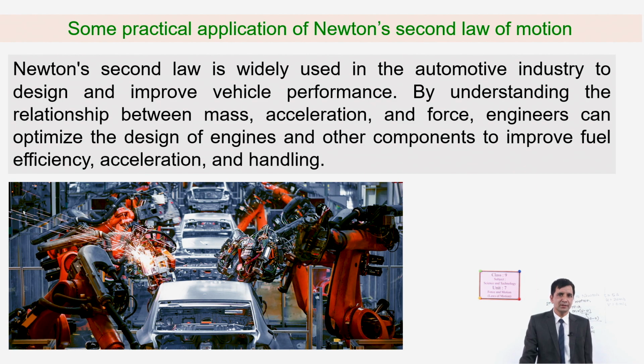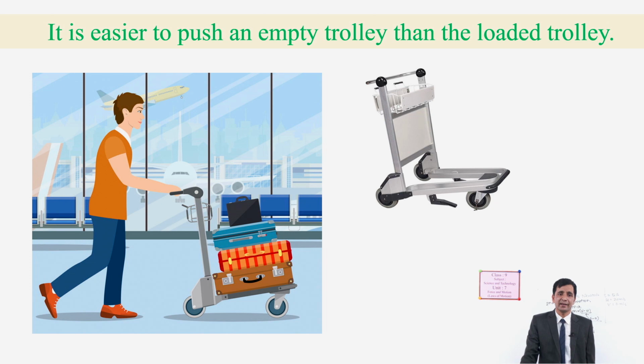It is very important to design new vehicles in this field by understanding the relationship between mass, force and acceleration, which is given by Newton's second law. Engineers can optimize the design of the engine and other components, and all of this is to improve fuel efficiency, acceleration and handling.